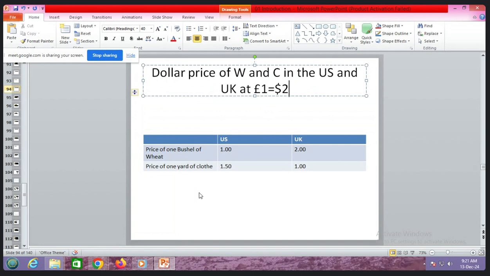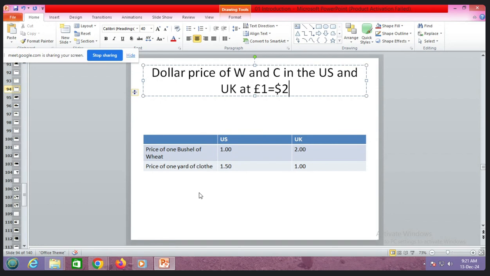So what is the range of exchange rate within which the trade is actually going to take place? The trade will take place as long as the exchange rate is between 1/6 and 1/2.